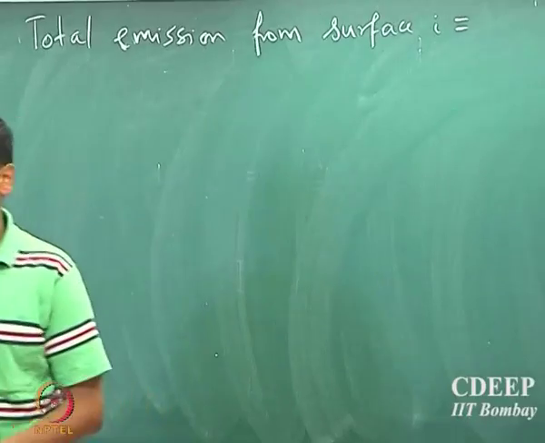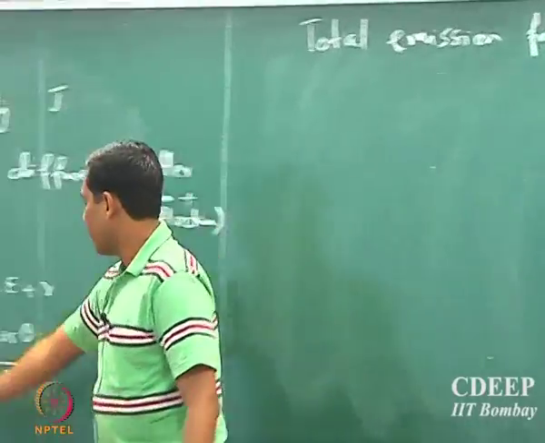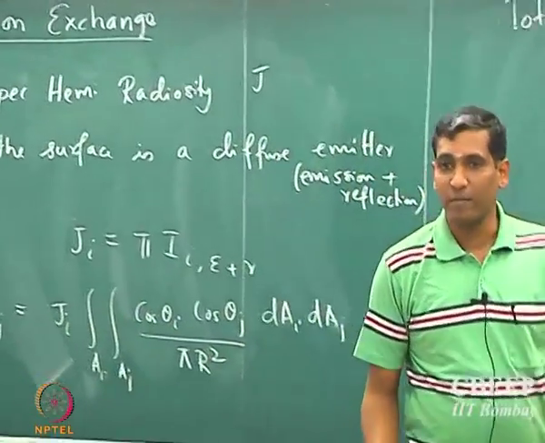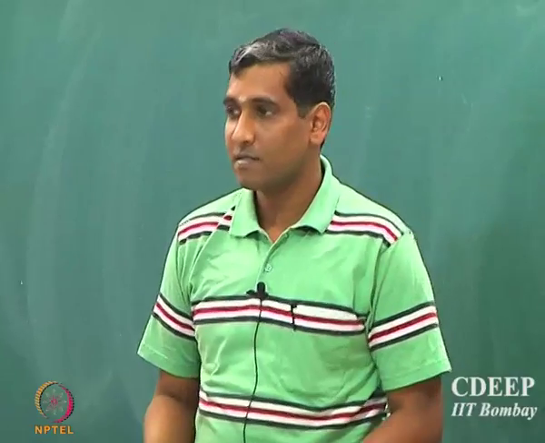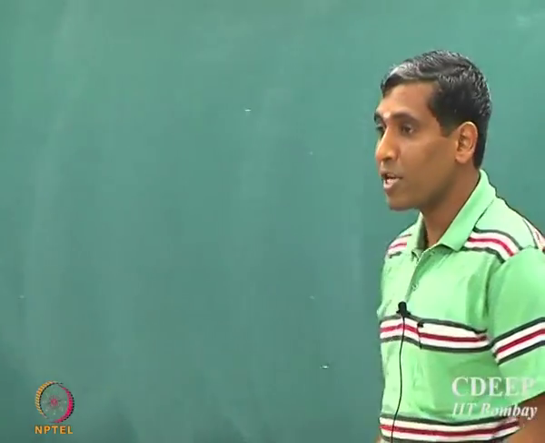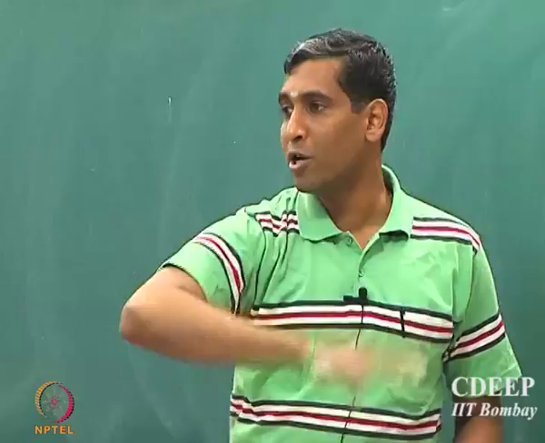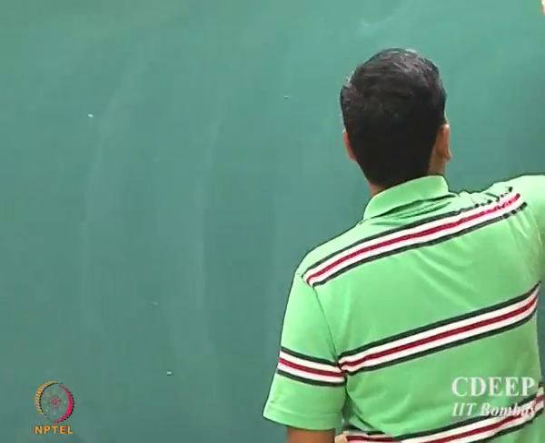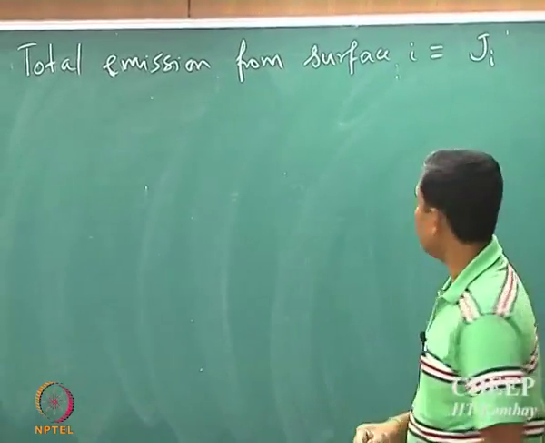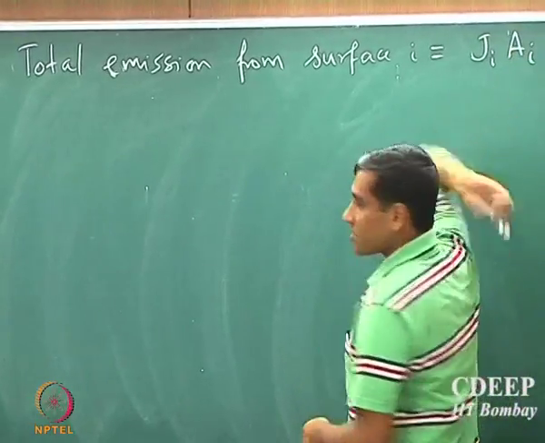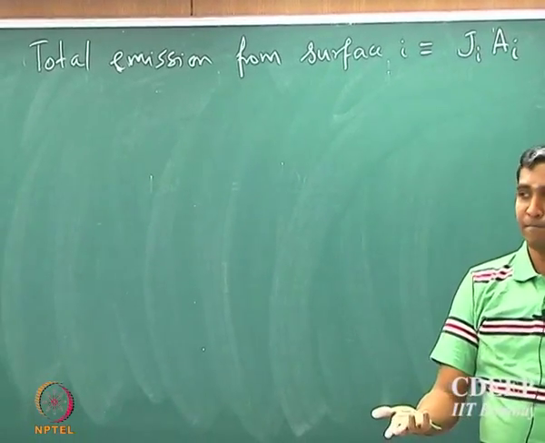What's the total emission from surface i? This is a diffuse emitter, so it's constant in all directions, and so it will be nothing but Ji, the flux of emission plus reflection, multiplied by the surface area. That will give you the total rate of emission from surface i.